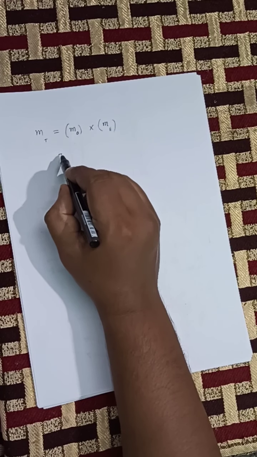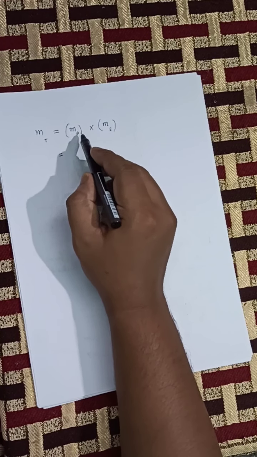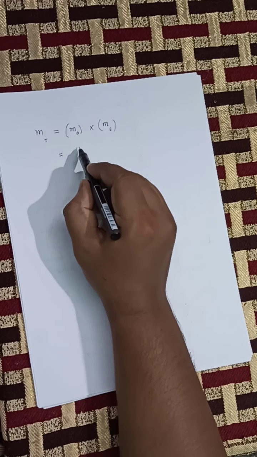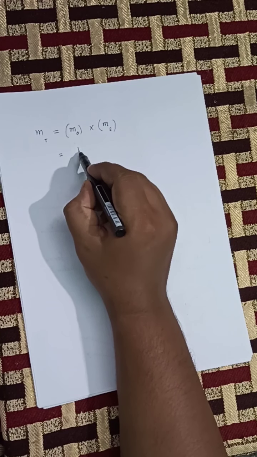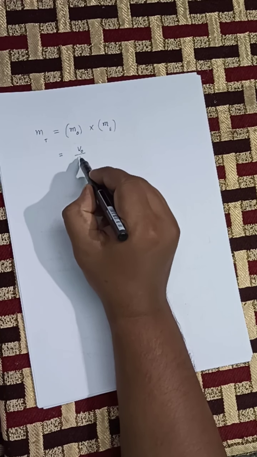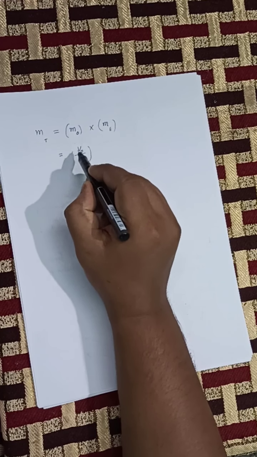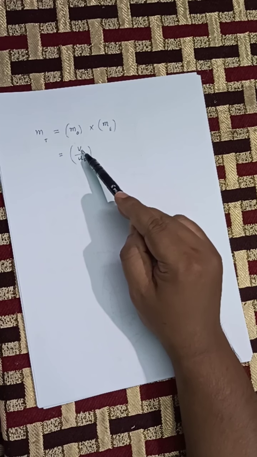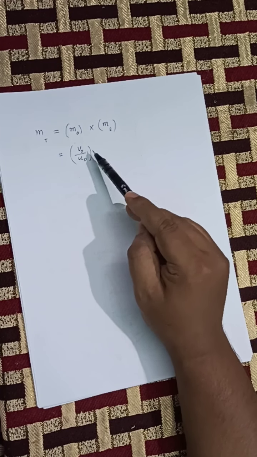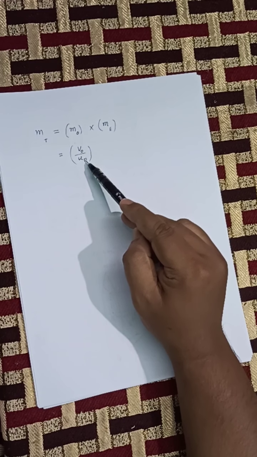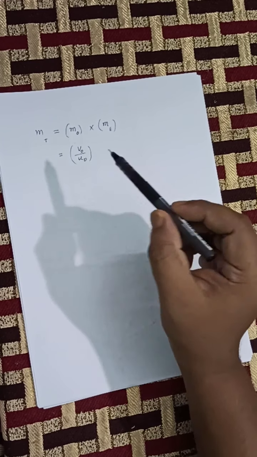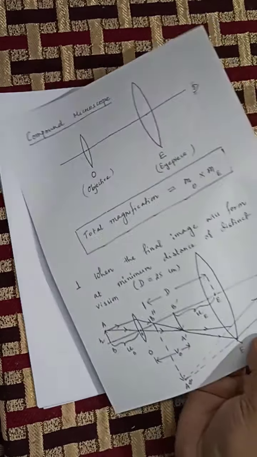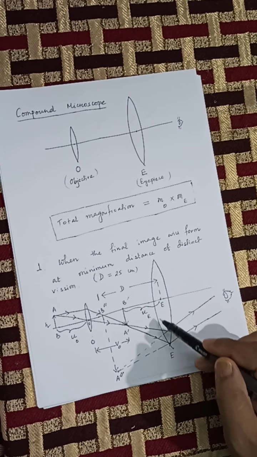And for the objective lens, the formula of linear magnification will be v0 by u0, isn't it? That is, the image distance of the objective lens divided by the object distance of the objective lens, multiplied by, now you see for this eyepiece lens, isn't it?